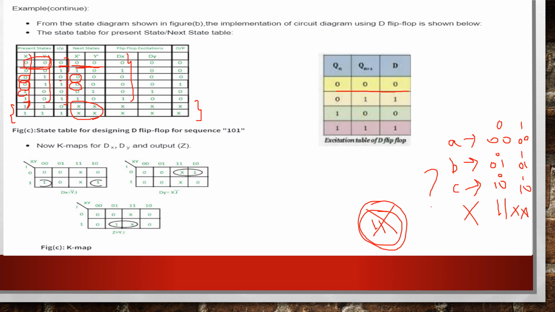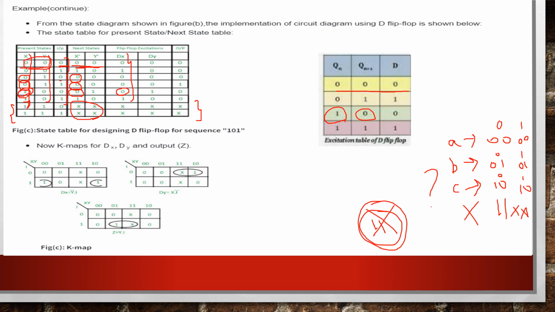Here x is 1 in the present state and x is 0 in the next state. We will have the d value to be 0.